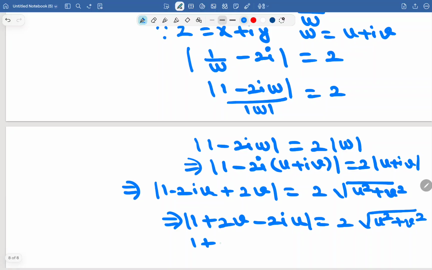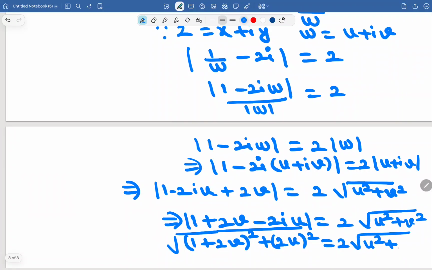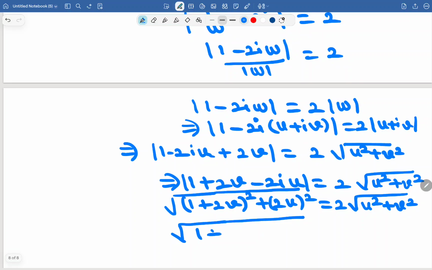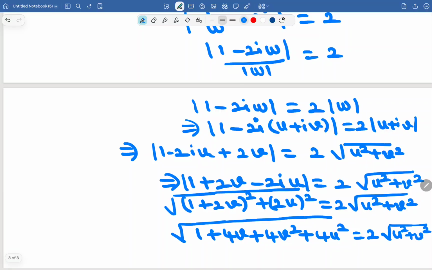For this modulus of 1 plus 2v minus 2iu, we can write it as square root of (1 plus 2v) square plus (2u) square, which is equal to 2 times root of u square plus v square. That is, 1 plus 4v plus 4v square plus 4u square under the root equals 2 times root of u square plus v square.